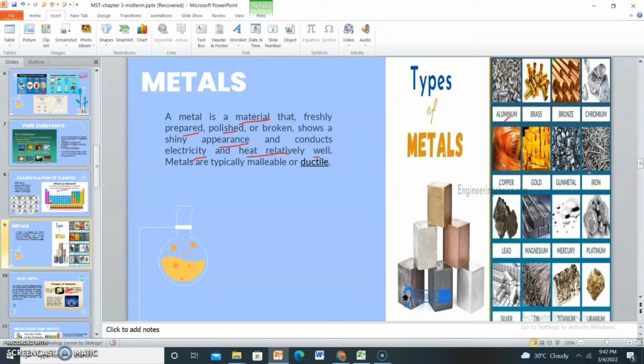It is also a solid at room temperature except mercury. It has high density. Thermal conductor.